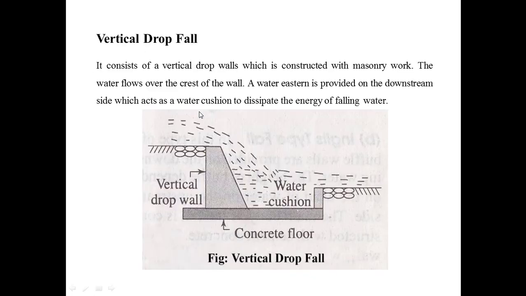The next type is the vertical drop fall. This fall consists of a vertical drop wall which is constructed with masonry works. The water flows over the crest of the wall.